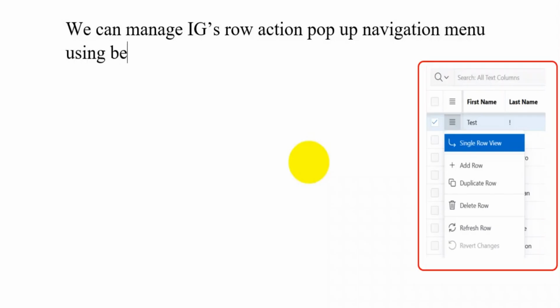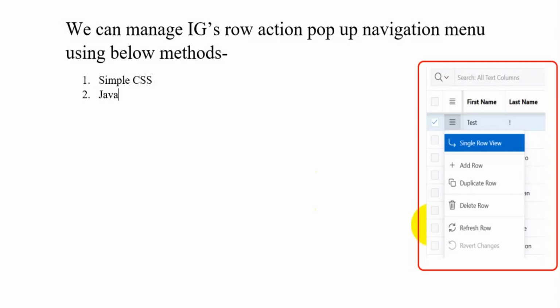Here you can see the default actions menu: single row view, add row, duplicate row, then delete row, then refresh row, and the last one is revert changes. Here I am going to hide some actions menu.